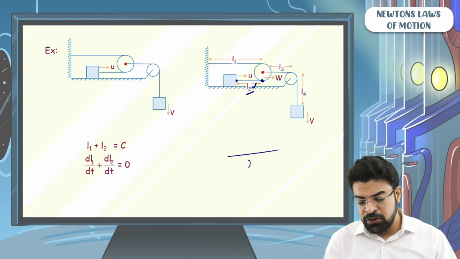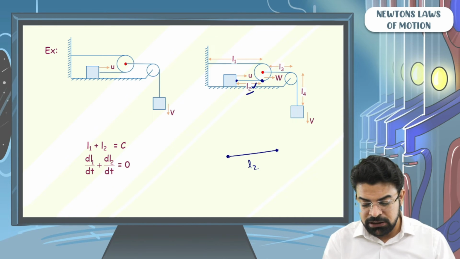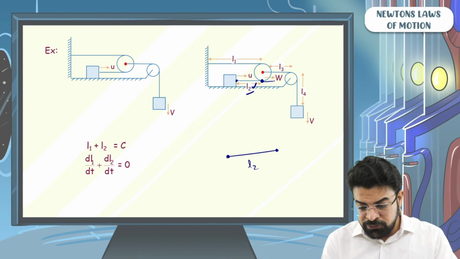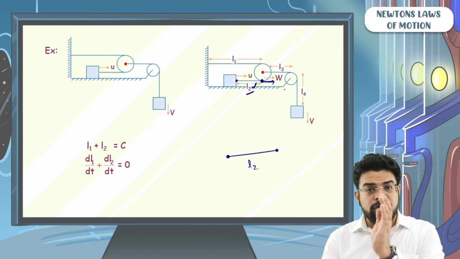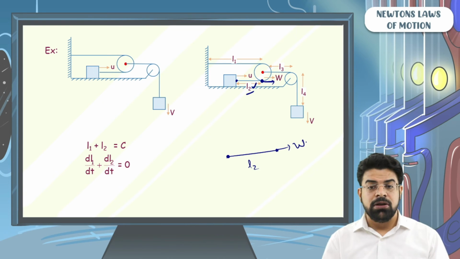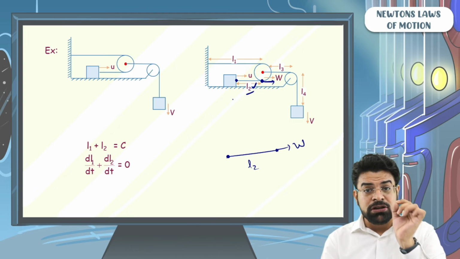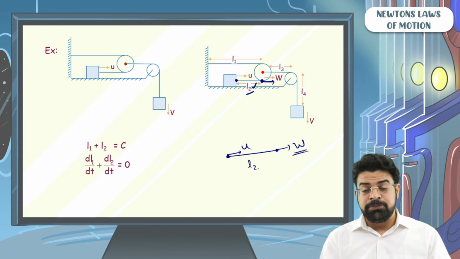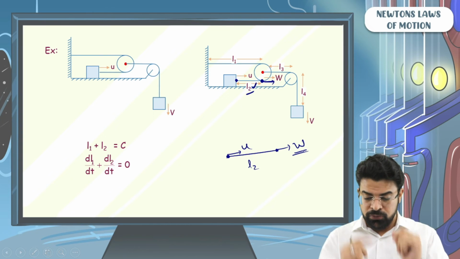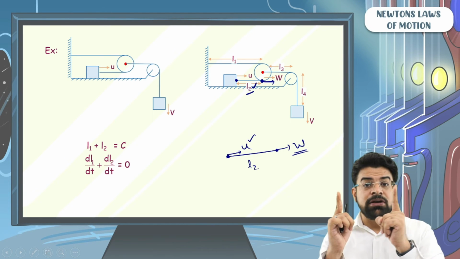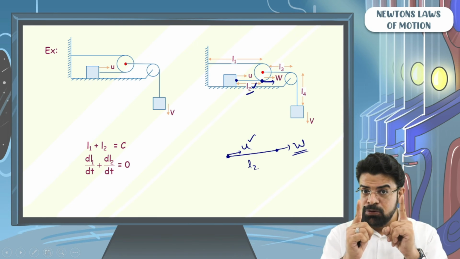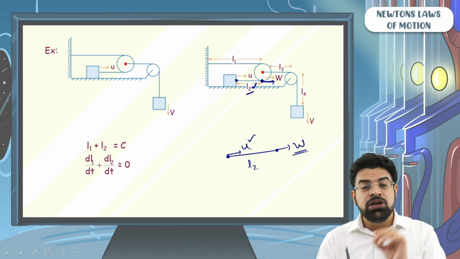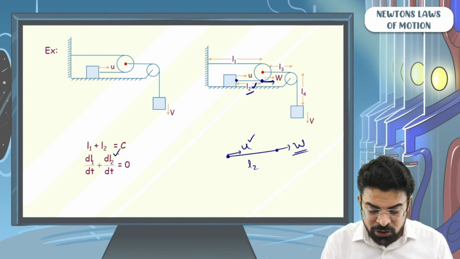The end on the pulley will move with the same speed as the center of the pulley, so it will move with speed W. The left end, which is on the block, will move with speed U. The speed W is trying to increase the length 2, while the speed U is trying to decrease the length 2. So how will you write dl2 by dt?